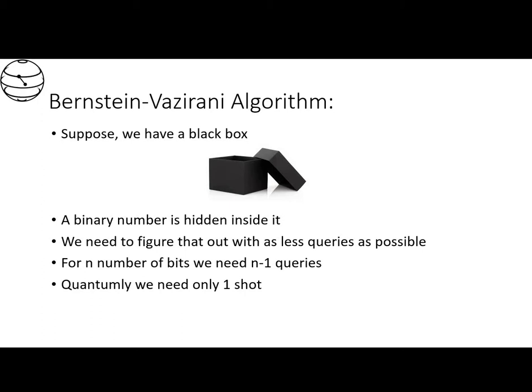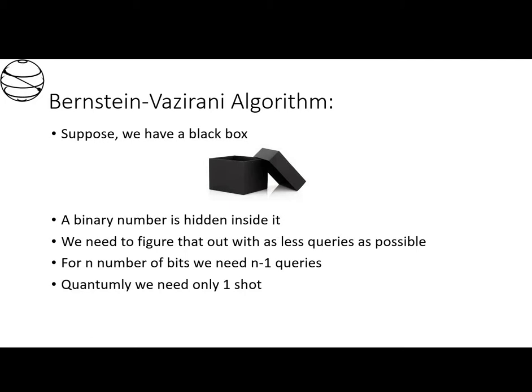But if we use a classical computer, what happens is, if there is a hidden number, that means 1001, then the classical computer applies an XOR operation with this input and finds out what the bits are.